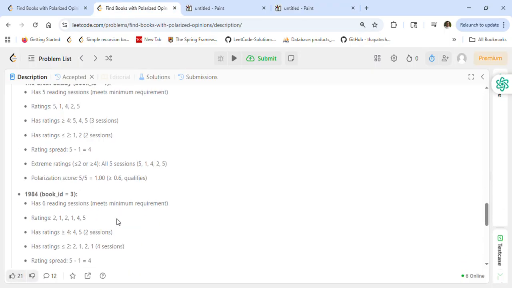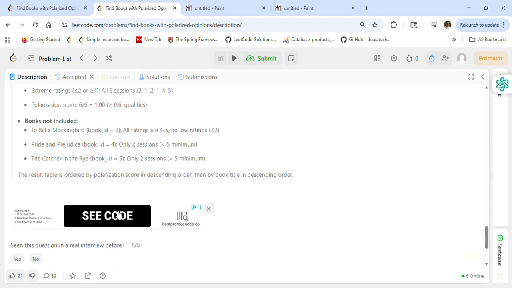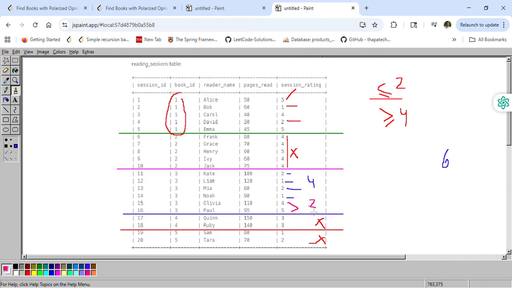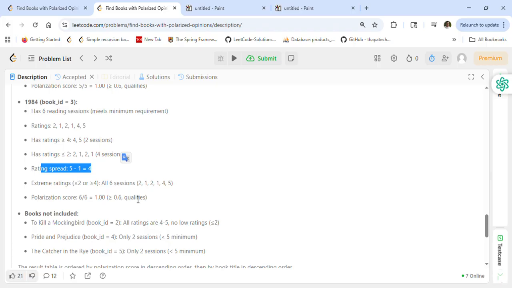And then we will calculate that polarization score. Here they are showing us that for the book ID 3. So here the rating spread will be again 5 minus 1, because highest rating here is 5 and lowest rating is 1. So 5 minus 1 again will be 4. That is the rating spread. And extreme ratings are also, all 6 have extreme ratings.